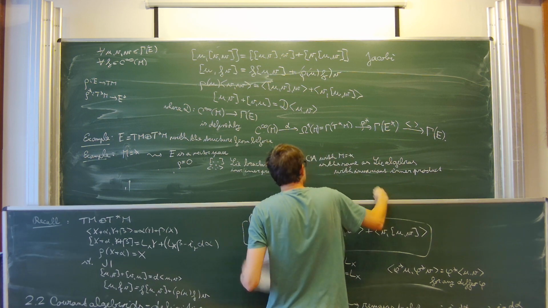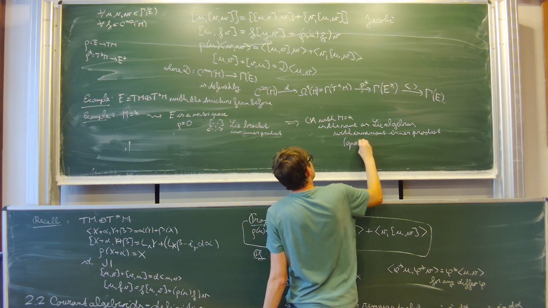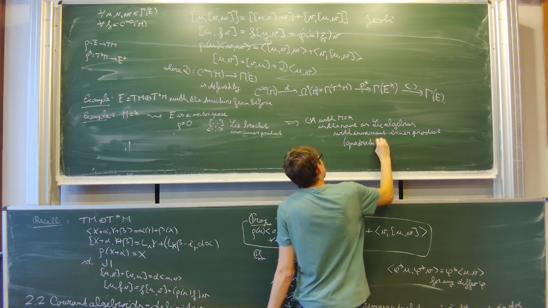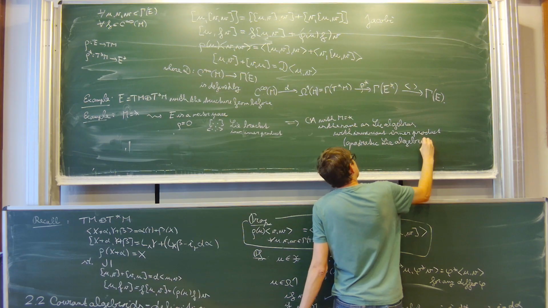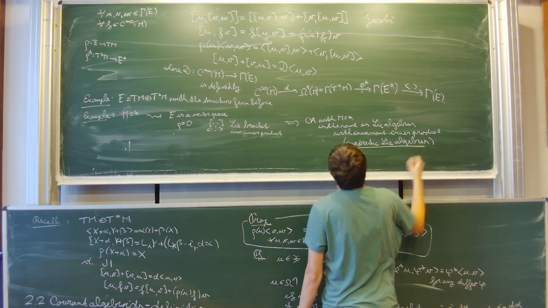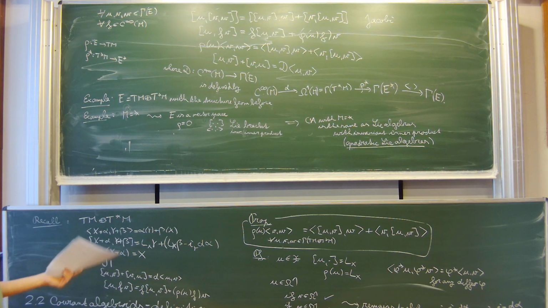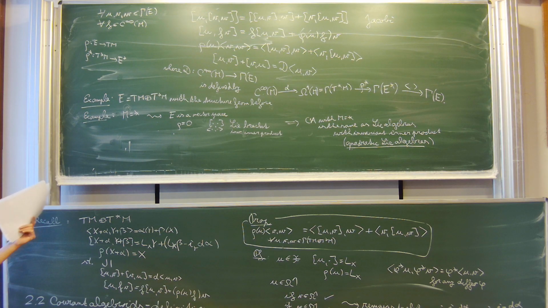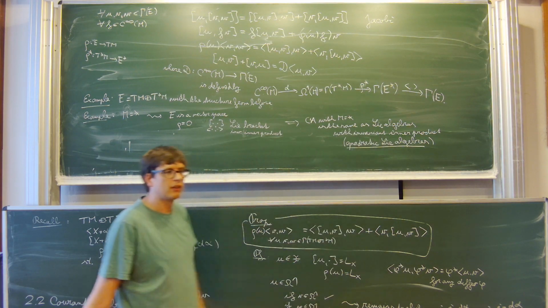Such things are often called quadratic Lie algebras. So even in the case when you have a point, this still gives you a non-trivial structure. In some sense, you can regard Courant algebroids as generalizations of Lie algebras with invariant products.